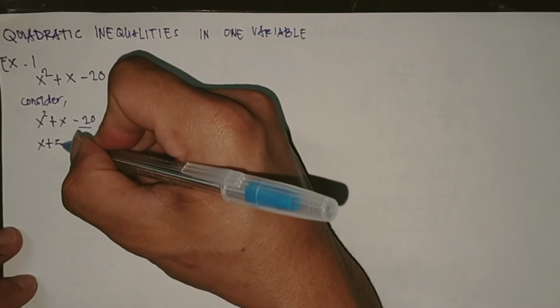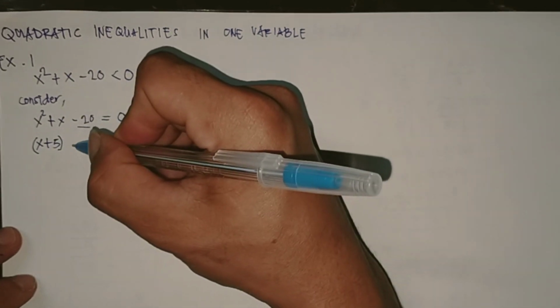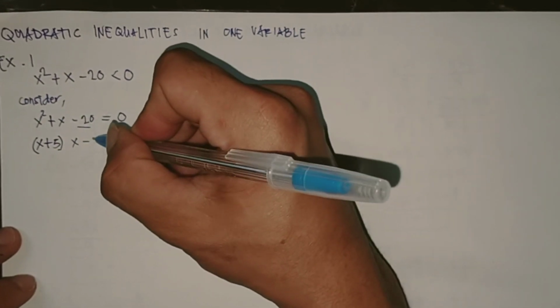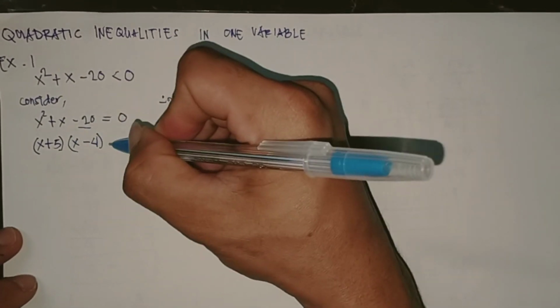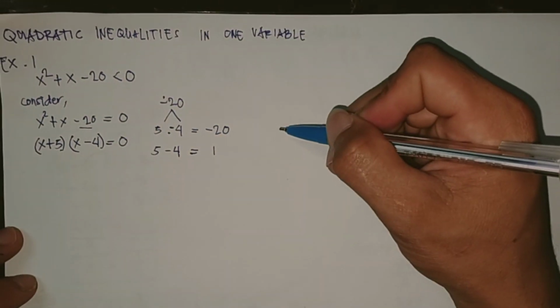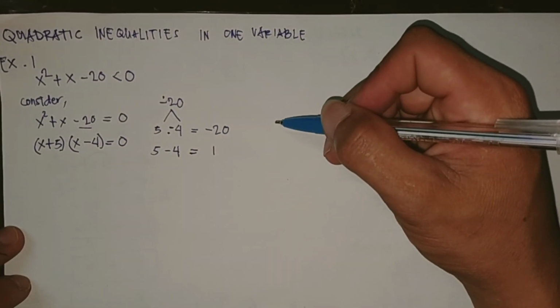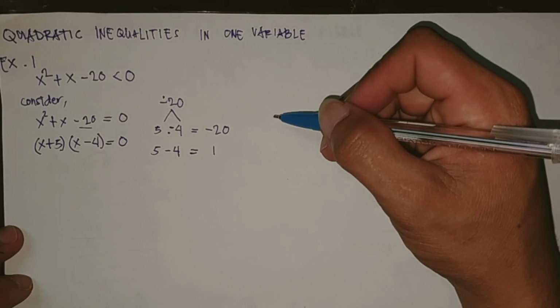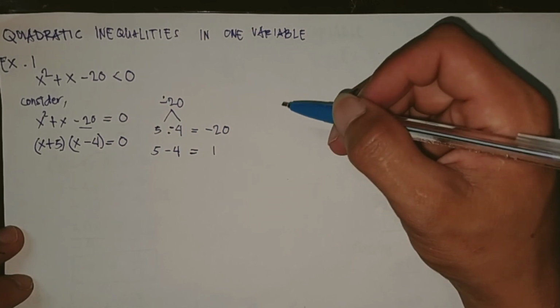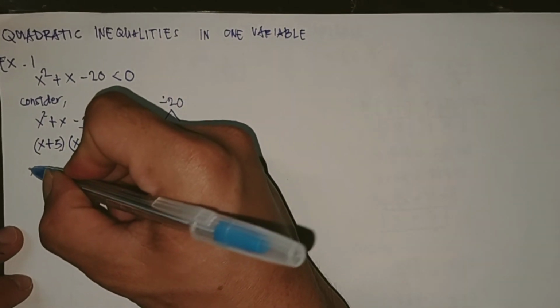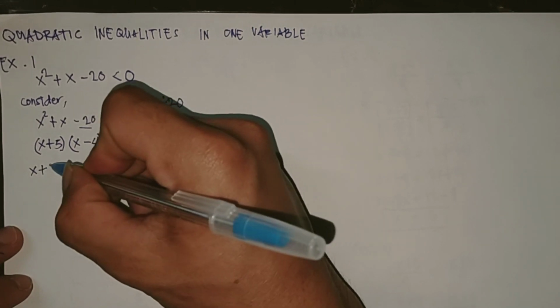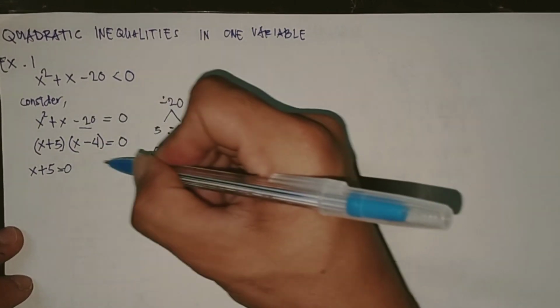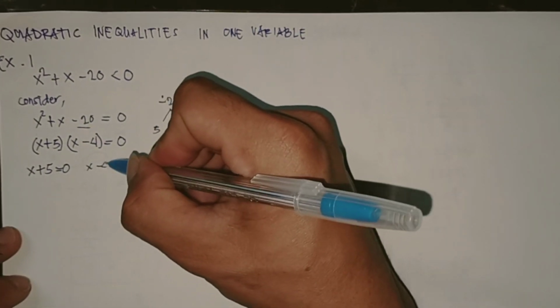And now we have x plus 5 and x minus 4 equal to 0. Solve for x to find the x values of the critical points of the graph.